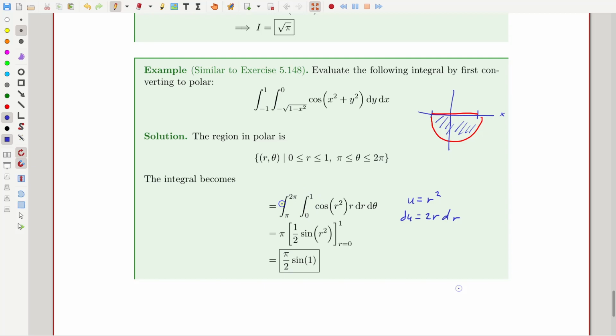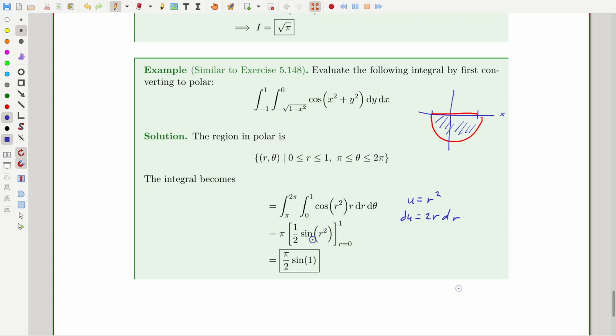So the function itself is a product of a function just involving r, a function just involving theta. The function just involving theta being simply the constant function 1, right? So you can then split it off, and you're just integrating 1 from pi to 2 pi. That just gives you the length of the interval, which is pi.